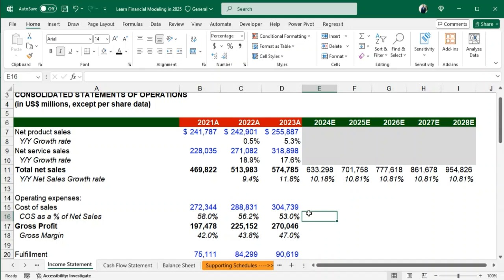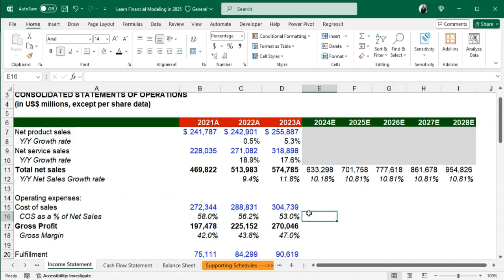Again, understanding the business model and its cost structure plays a critical role when estimating your cost of sales and other operating expenses. We can rely on historical trends to make initial projections, knowing that we can later tweak these as we build a more fundamental understanding of the business. All right, so that is what we are going to do.